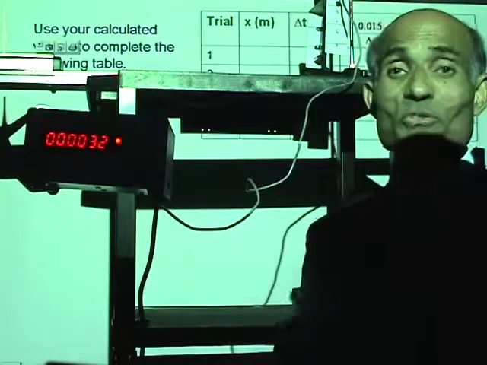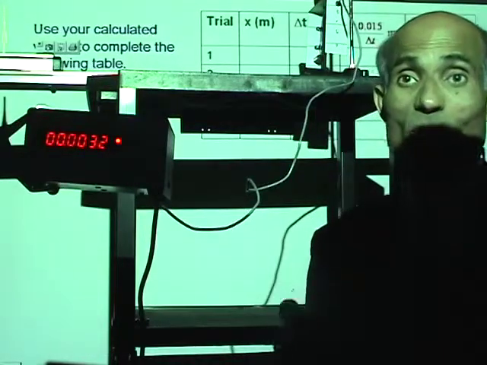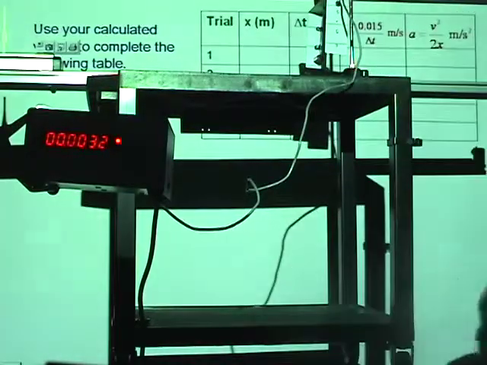Well, I'm going to do the first trial for you, alright? I'm going to fill in these values. Watch me do that. The x value is 0.4 meter. Delta t is 0.0032 second.